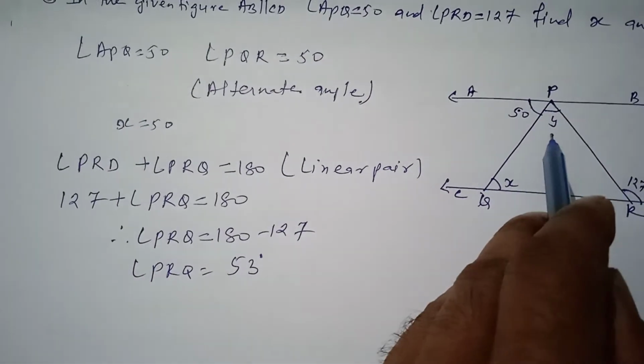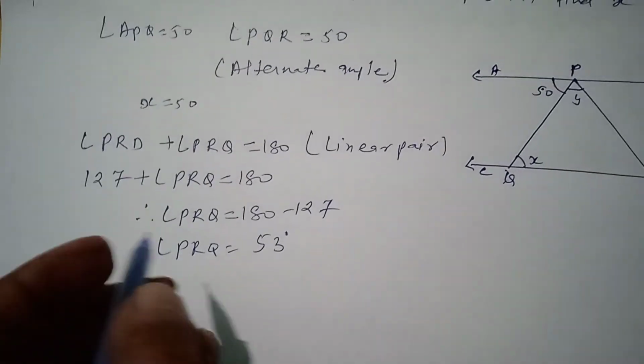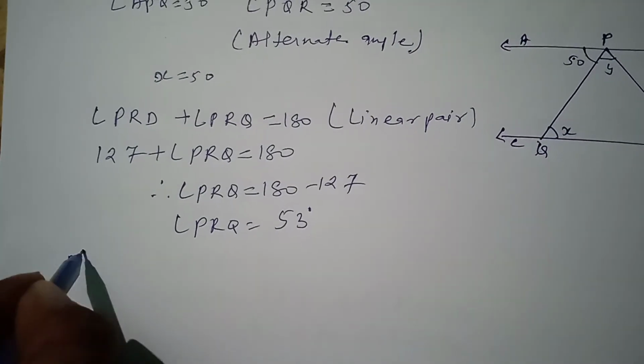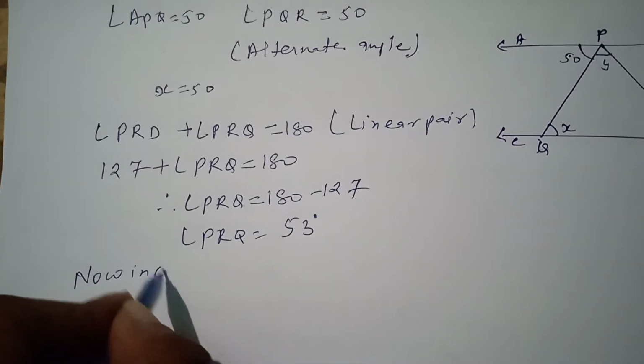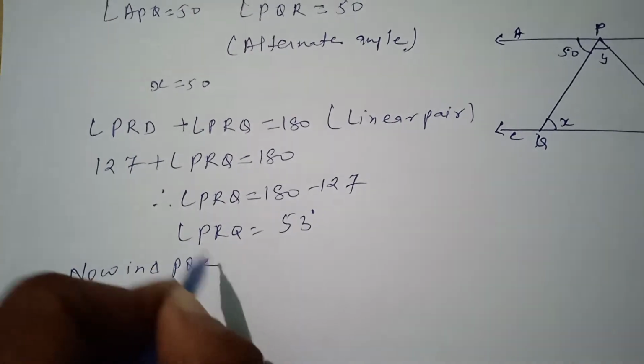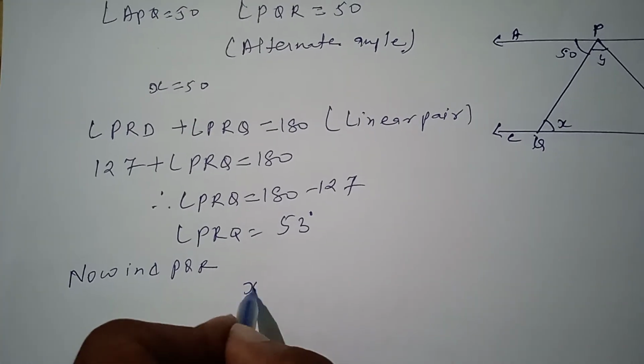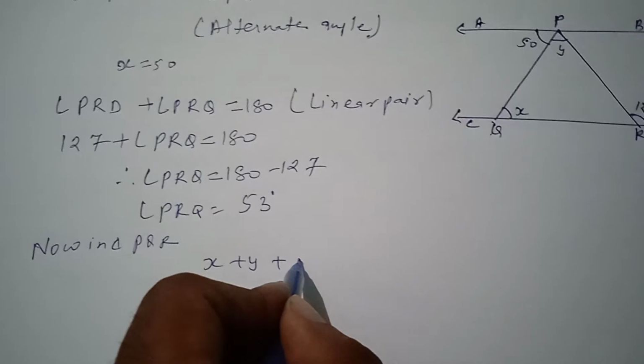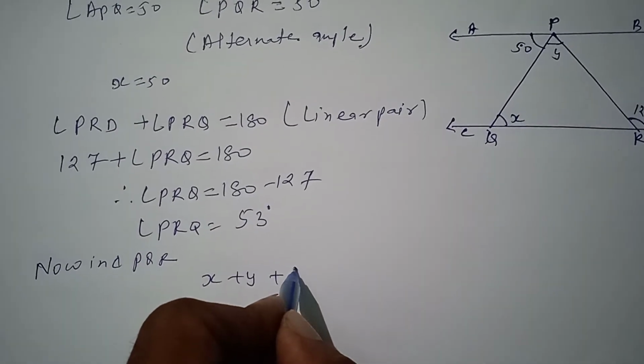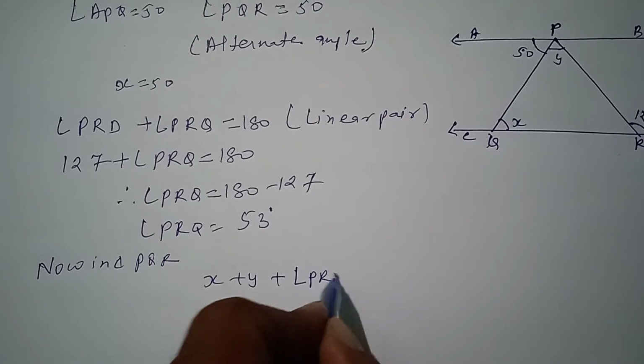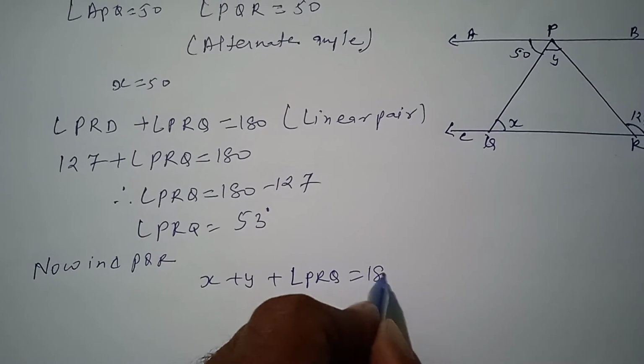Now we want to find the value of Y. So we all know, in triangle PQR, X plus Y plus angle PRQ is equal to 180.